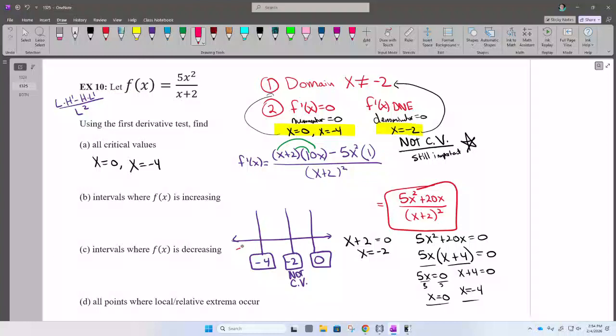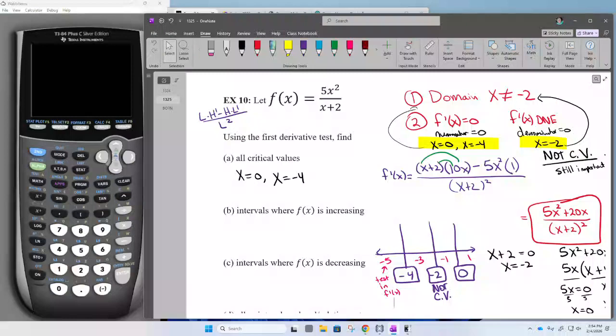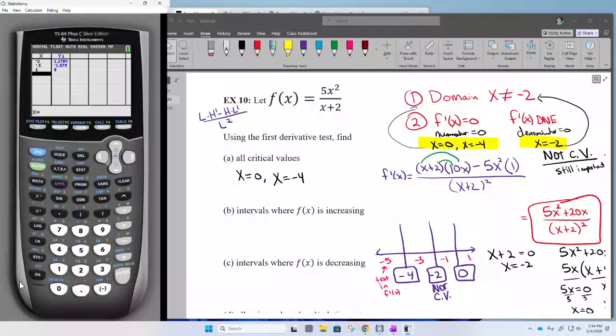Picking numbers to the left and right, -5, -3, -1, 1. I'm going to test these in the first derivative, where all I care about is positive or negative. So I'm going to go to y equals, and I'm going to type in my first derivative over here.